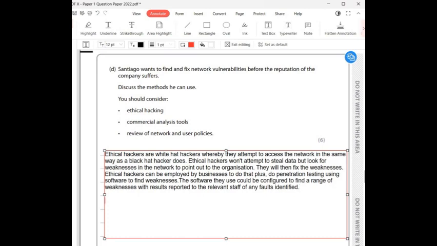And then I would say, after fixing up the weaknesses, the organisation can then update their collection of rules and guidelines that govern behaviours of network users.